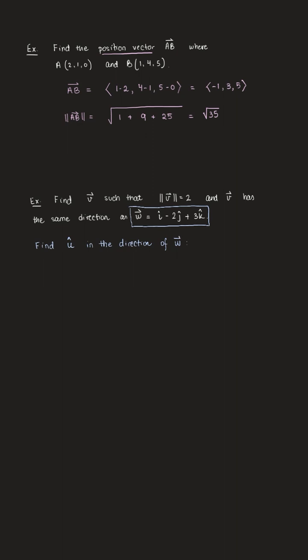To do that, we will have to take w and divide every component by its magnitude. So let's find the magnitude of vector w, and that's going to be the square root of the sum of each component squared. So the first component of w is a 1, so that's 1 squared plus -2 squared plus 3 squared.